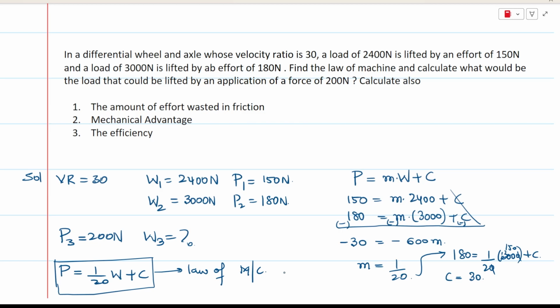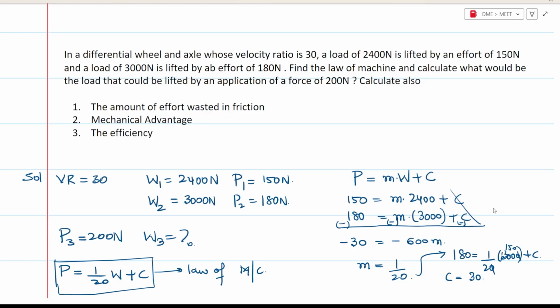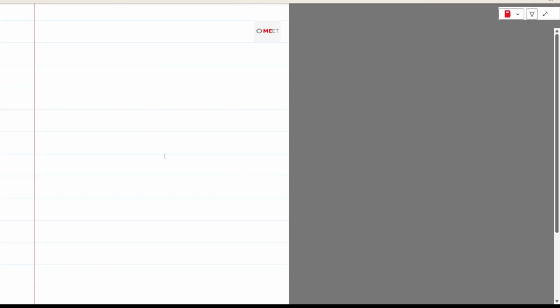Now using this equation, we need to calculate the load that could be lifted by a force of 200 Newtons. Let me switch to the next slide. P3 is 200 and W3 needs to be computed, and the law of machine is P is equal to 1 by 20 times W plus 30.